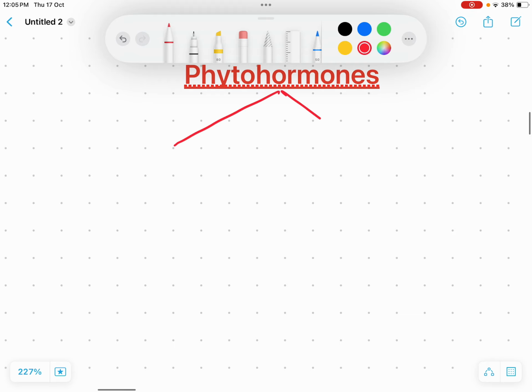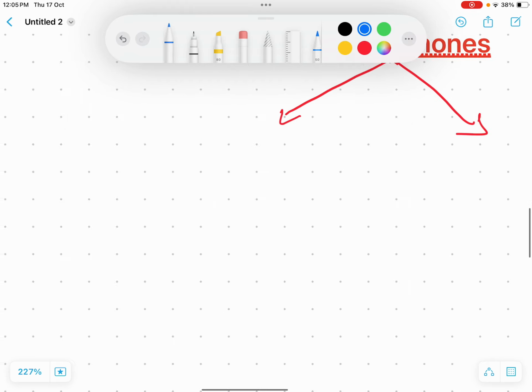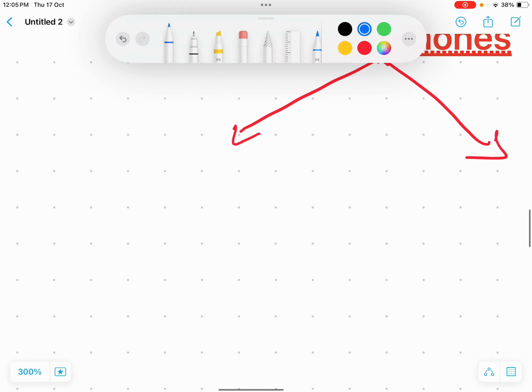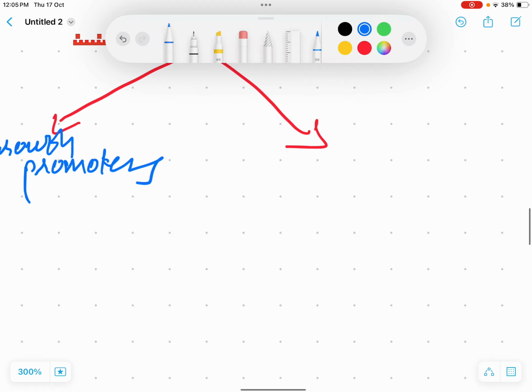We categorize these phytohormones into two parts: one is growth promoters, another is growth inhibitors.